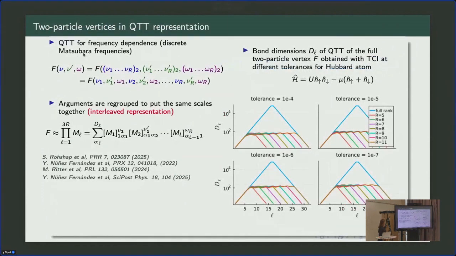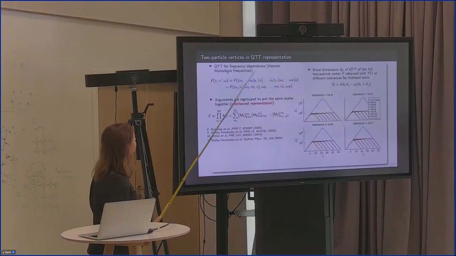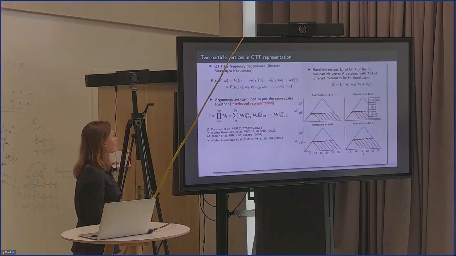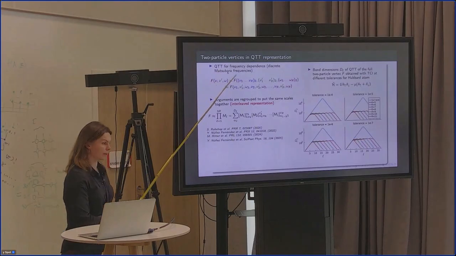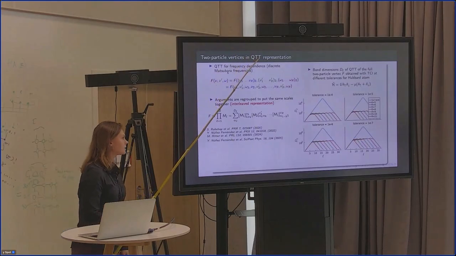So let's try. First of all, we have a different notation in some of our papers because we also calculate susceptibilities, which are chi. That's why it's sometimes safer to use D for the bond dimension and not chi for the rank, but it's the same. So now, let's say we focus first on frequency dependence, not on momentum dependence. Why?